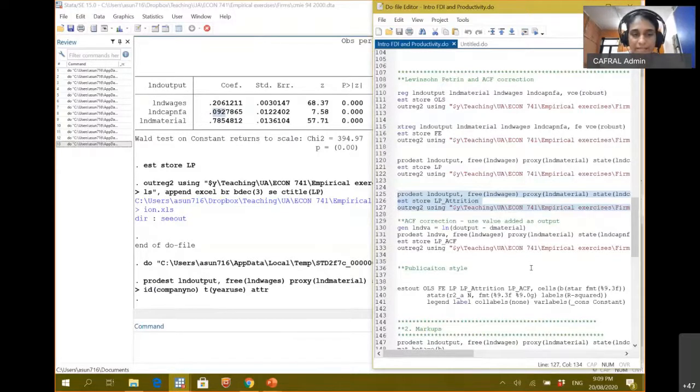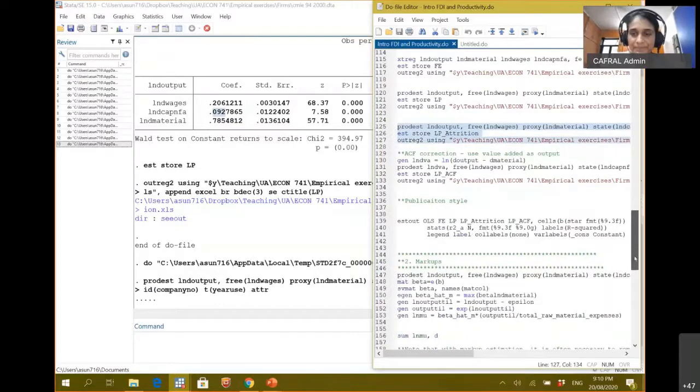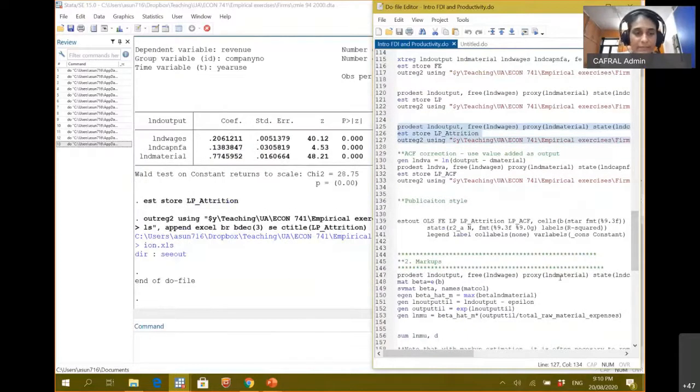And the reason it's taking time is because it bootstraps, right, for the standard errors and stuff. So it will take some time to run. Okay, there you go. Now you see how once you correct for attrition, you're getting an even bigger bump on the capital, right? So now we've gone up to 0.138 on the capital stock, right? So basically, this is getting better and better and better.